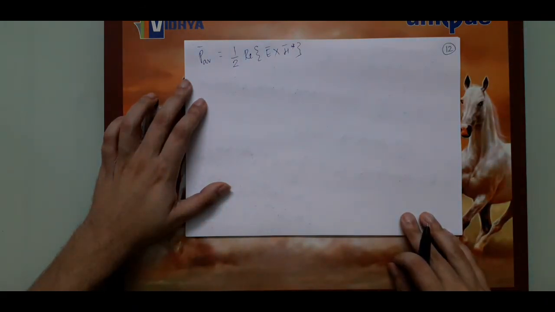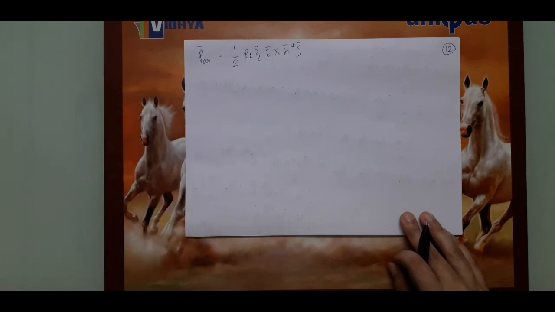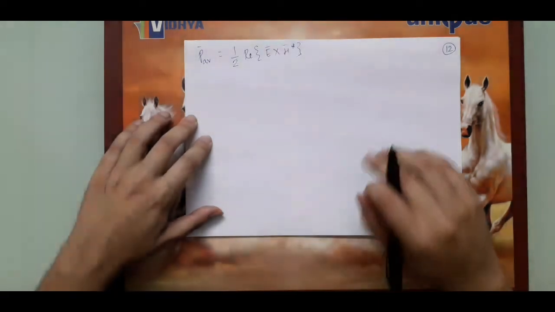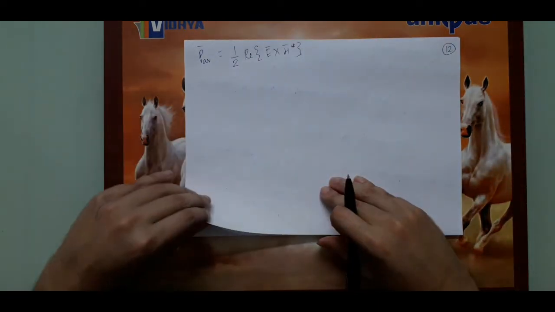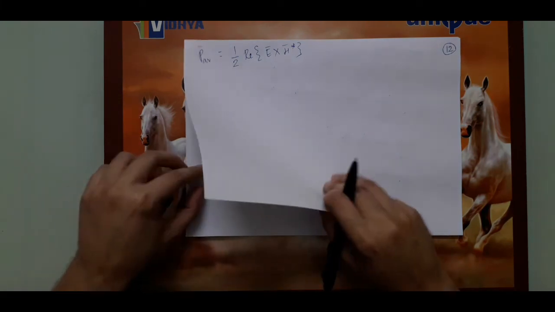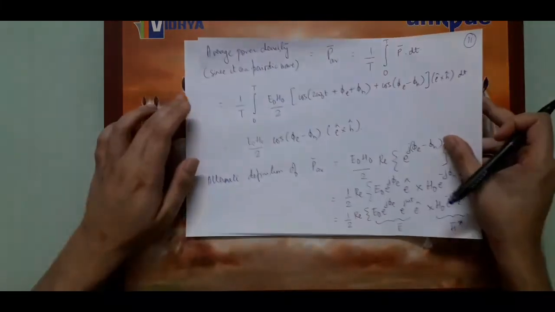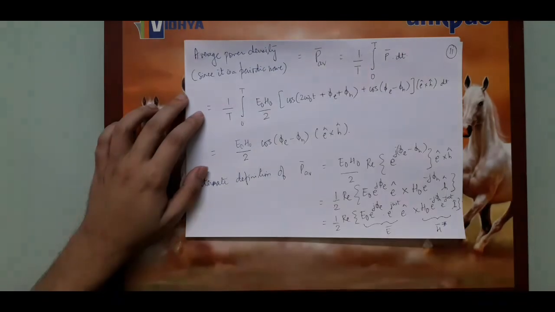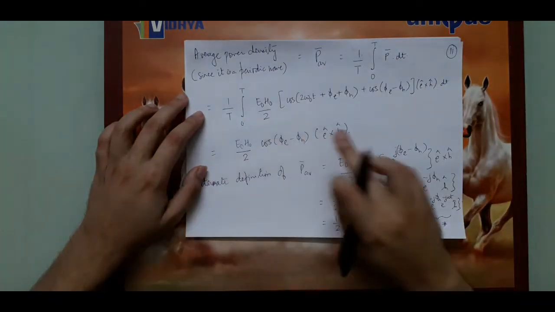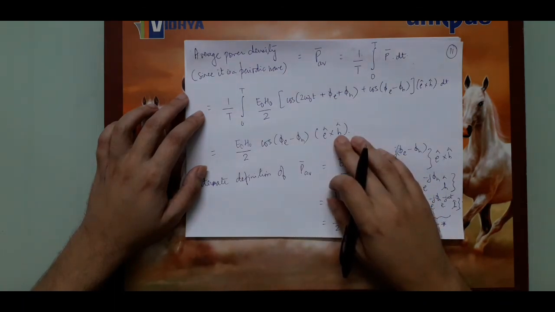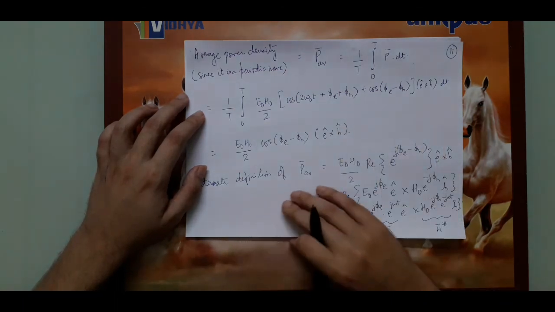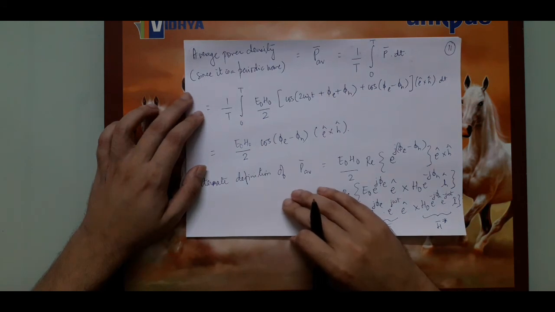Now that we have defined this, it is a very interesting definition. And for continuous and periodic waves, often defining the average power is a very useful way to look at things.